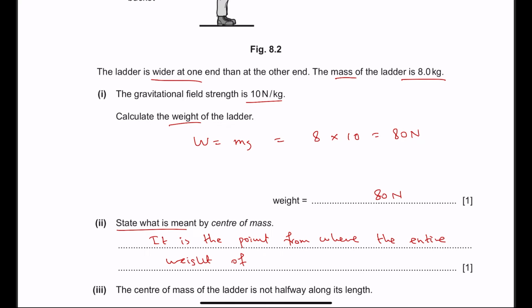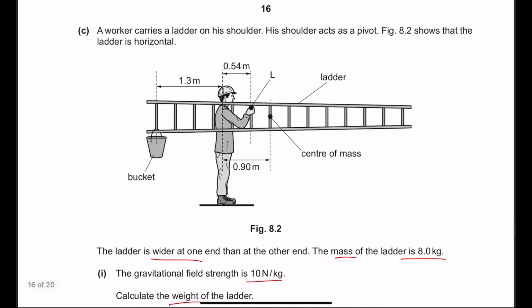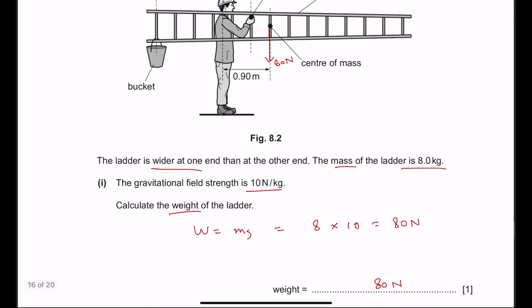So it is the point from where the entire weight of the object appears to act. This means that for this ladder, whose weight was 80, the force of the weight of the ladder, which is always downward, is actually acting from this position, from the center of mass. So this 80 Newton force is the weight of the ladder.